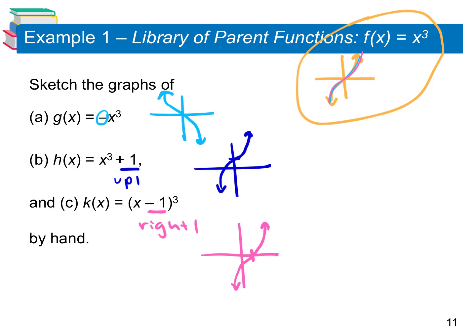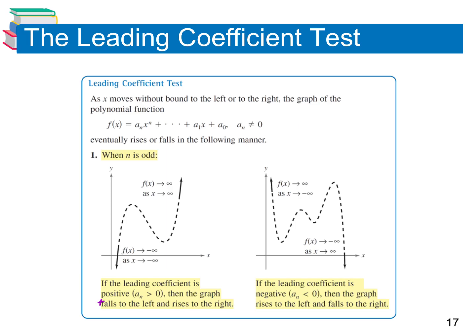So these are just a rough sketch of our graph, but it helps you understand how your graph can shift, move, and flip. Next page talks a little bit more about the leading coefficient test. So that's our end behavior of our graph.